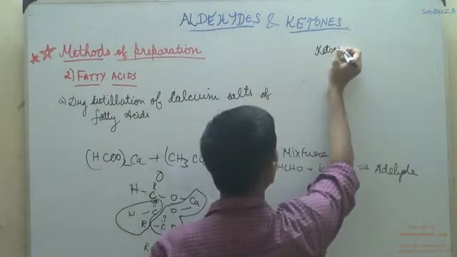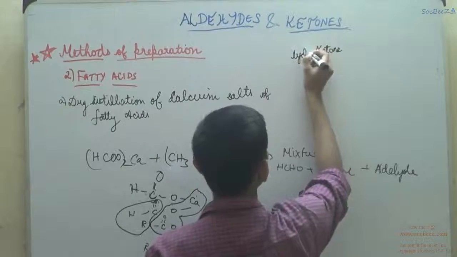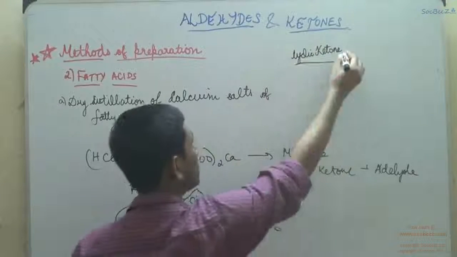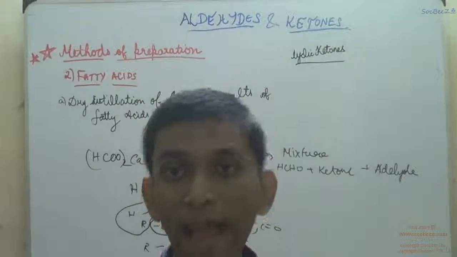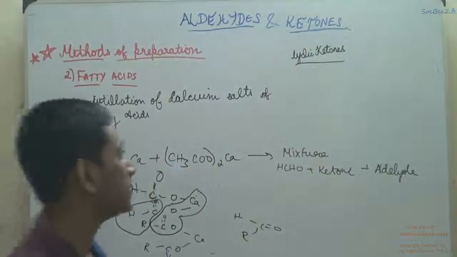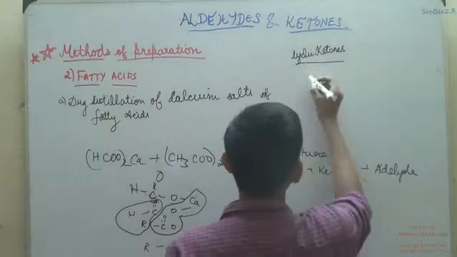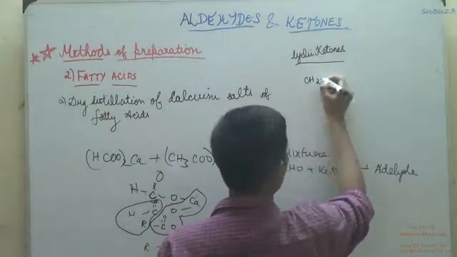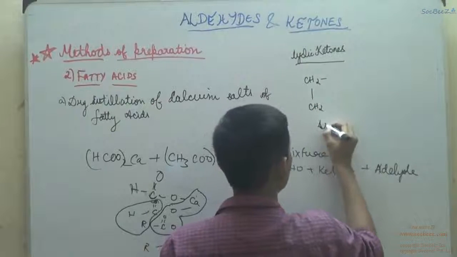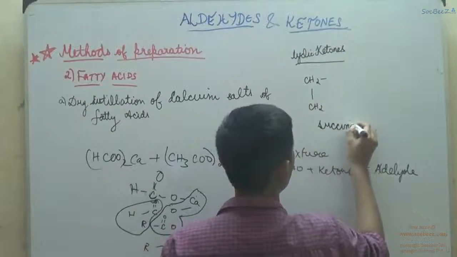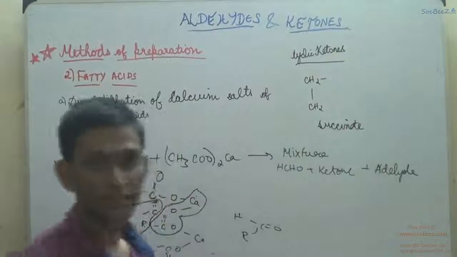Now one more reaction. You get cyclic ketones. You get cyclic ketones when calcium salts of dibasic acids are heated by dry distillation. For example, let's take calcium succinate. So this is the salt of succinic acid.